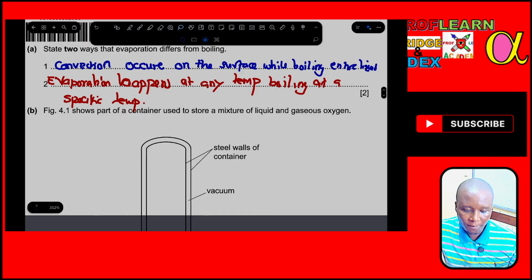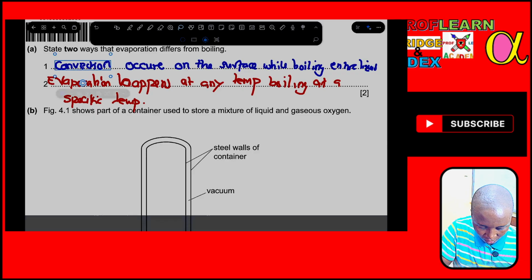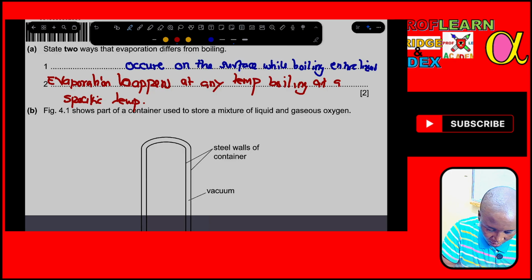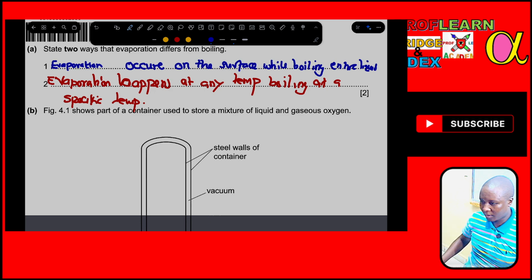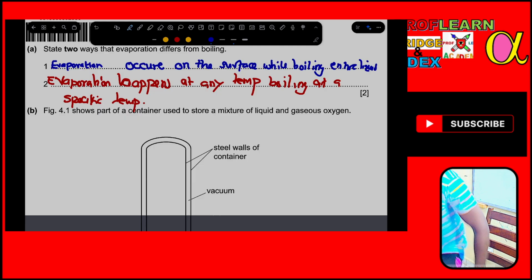So something that you need to remember: evaporation occurs on the surface while boiling occurs in the entire liquid, in the entire section of the liquid. So that's the difference.